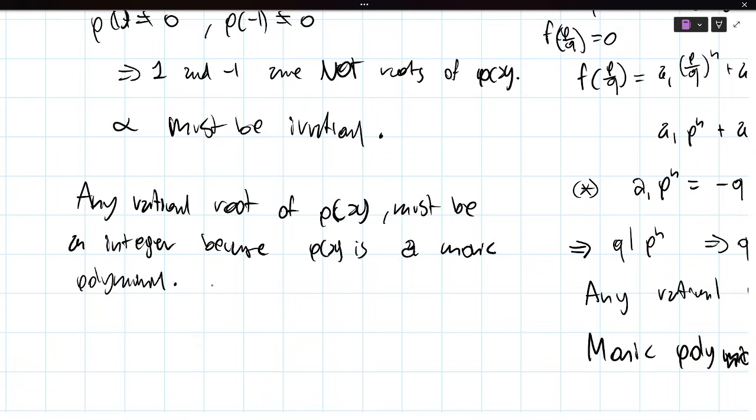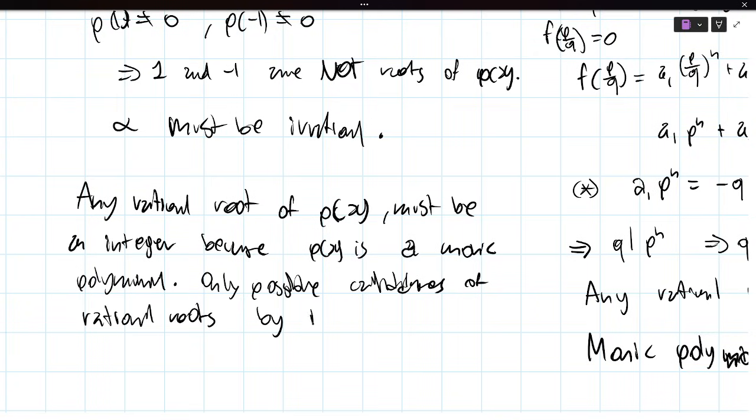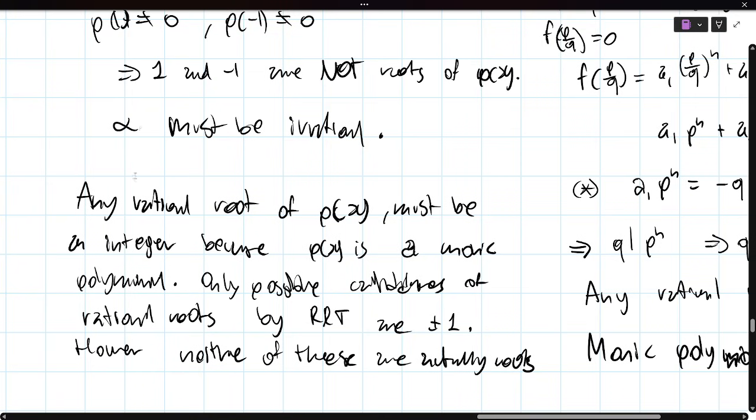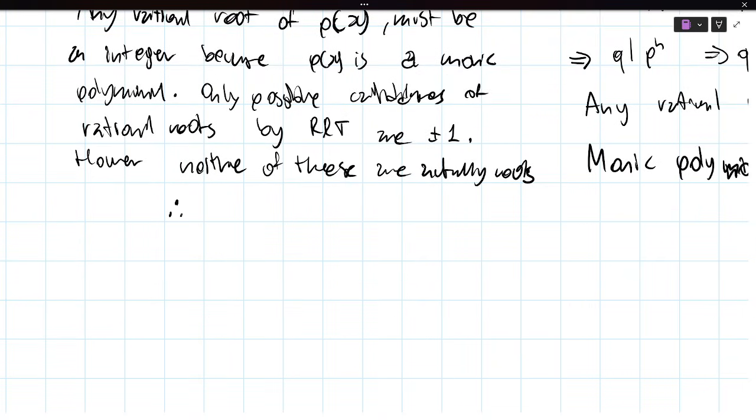The only possible rational roots by the rational root theorem are plus minus 1. However, neither of these are actually roots. Therefore, alpha is irrational.